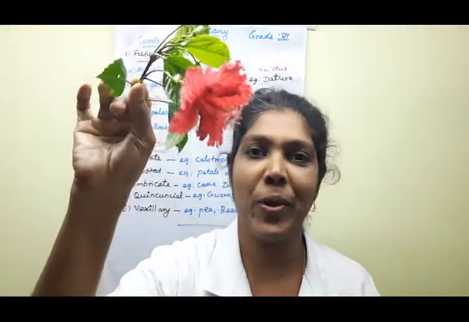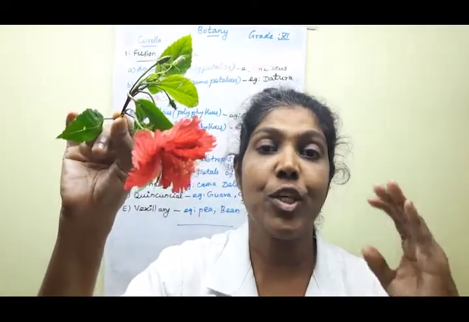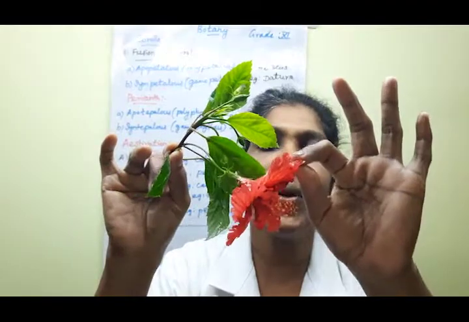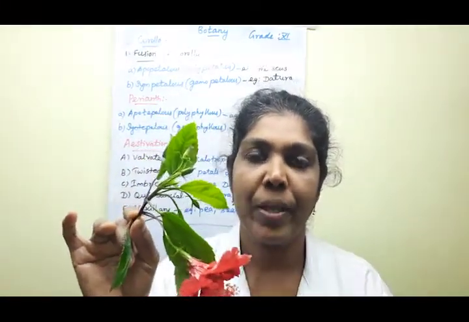Very good. The very attractive part of the flower is known as the corolla. The individual unit of the corolla is known as the petal.